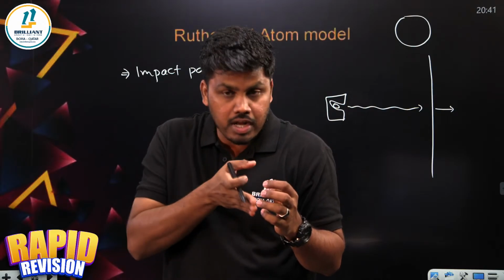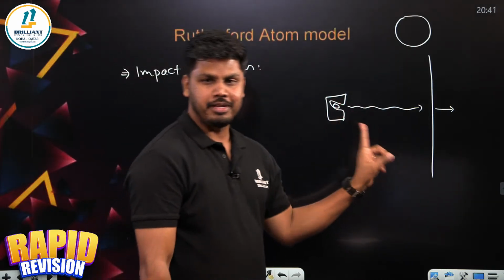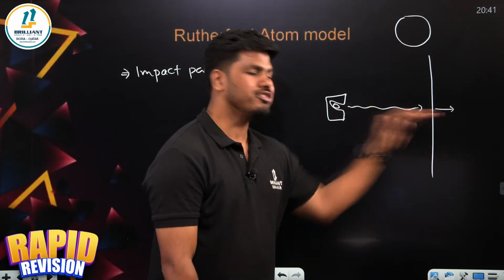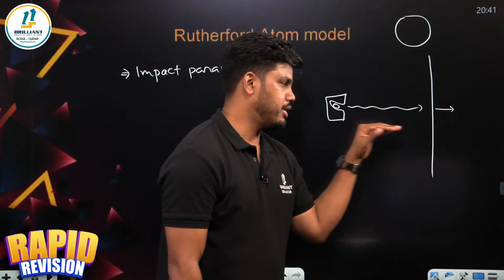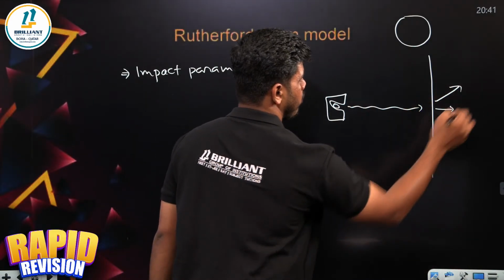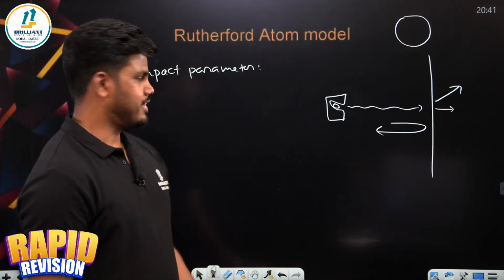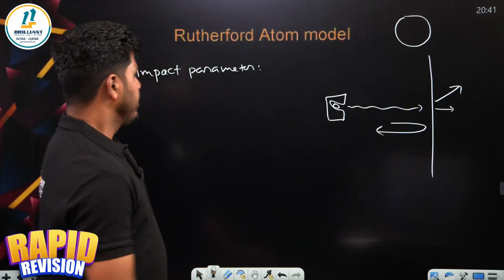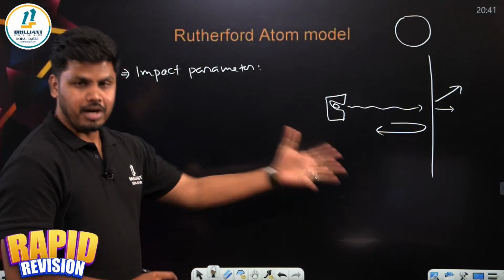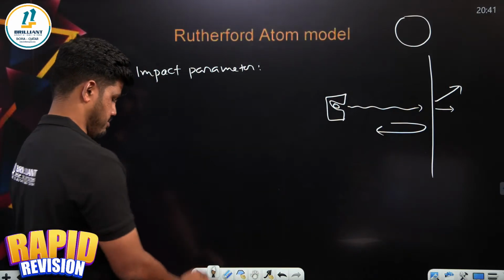There is no gap for an alpha particle to penetrate through. But the observation was just the opposite. Around 99% of alpha particles went undeviated, and some of them deviated with small angles, and very few deviated by 180 degrees, just bouncing back. That probability is like 1 by 8,000. When you send 8,000 alpha particles, about one of them rebounds.